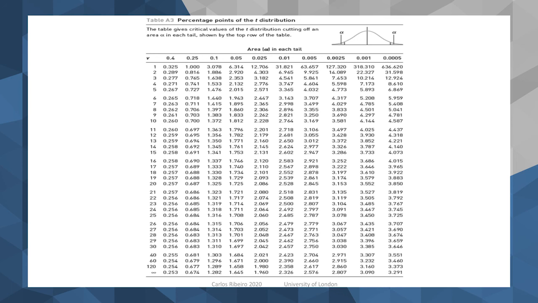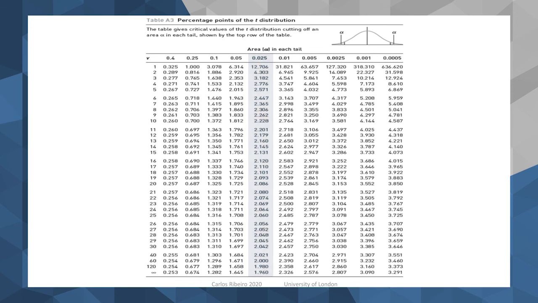For example, the most commonly used column is the one that has 0.025 at the top, which means 2.5% of the distribution on each tail being cut off, and the t value, which is the equivalent of the z-score, can take many different values, all the way down to 1.96, depending on the sample size that you use for the calculations.